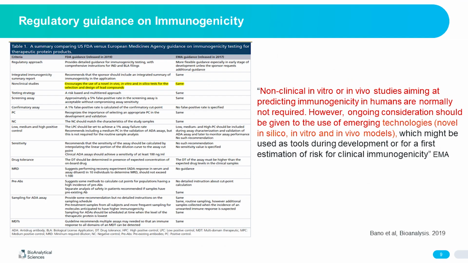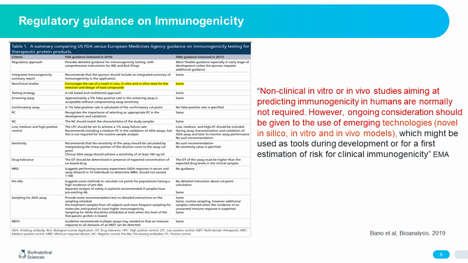Now that we understand why immunogenicity is so important to determine before clinical trials and how it occurs and what are the factors that influence immunogenicity, let's look at what the regulatory guidance says on immunogenicity. They typically encourage the use of those assays, but this is not mandatory. As it says in the guidance, non-clinical in vitro and/or in vivo studies aiming at predicting immunogenicity in humans are normally not required.